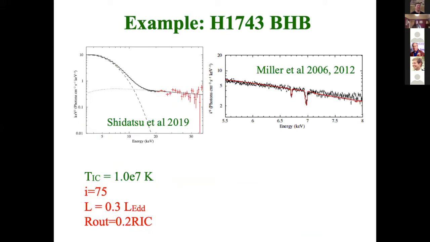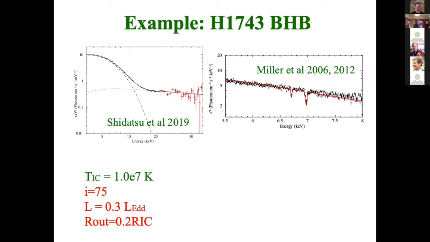Here's an example. Here's a black hole binary. Here's its continuum spectrum over on the left. Here's its Chandra HETGS spectrum over on the right. You can measure the radiation temperature from the spectrum. You know the orbital parameters.